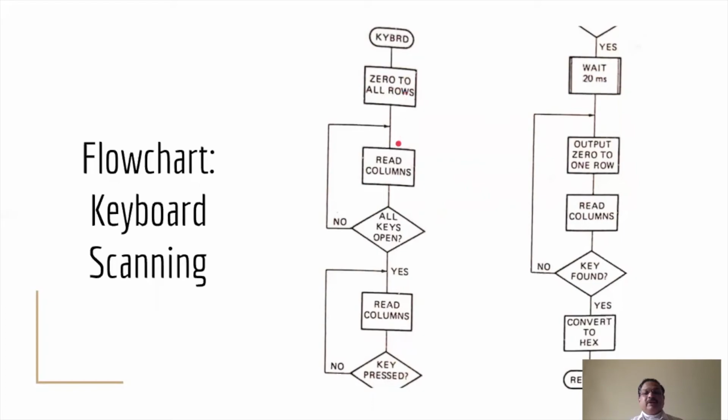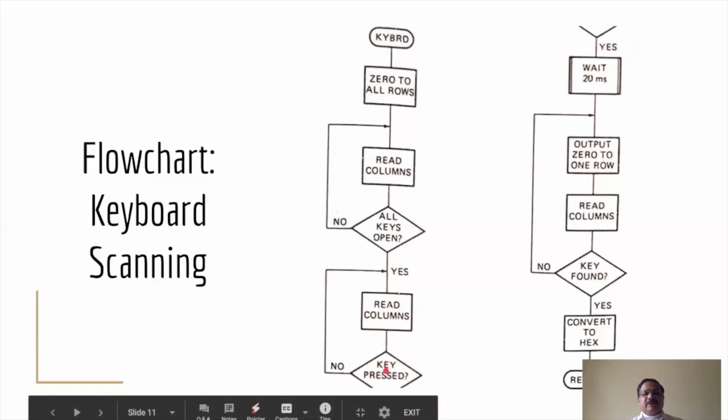Then it will read the columns and check whether all keys are open or not. If no, that is, if by mistake some key is pressed, this loop is used to ensure that all keys are open. Whenever it finds all keys are open, yes, then read the columns and check for the key press. If no, go back.